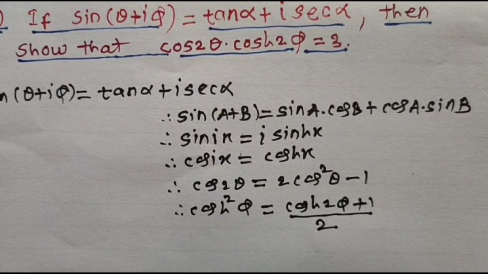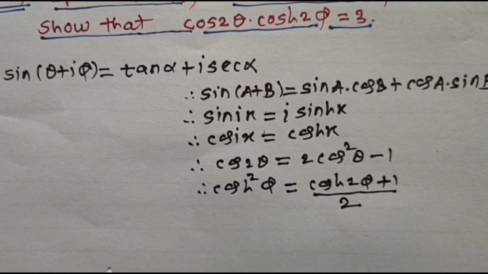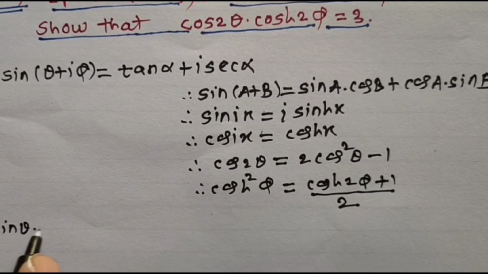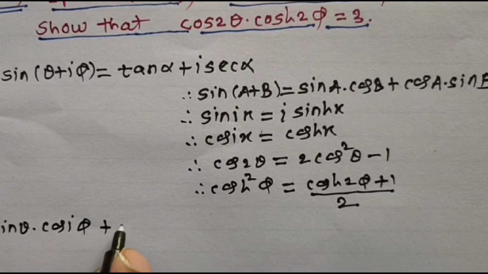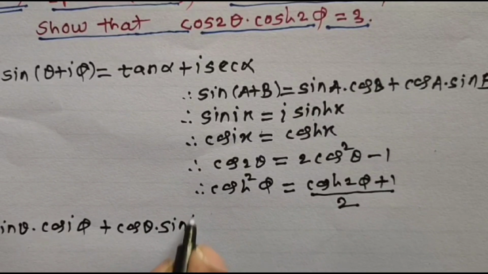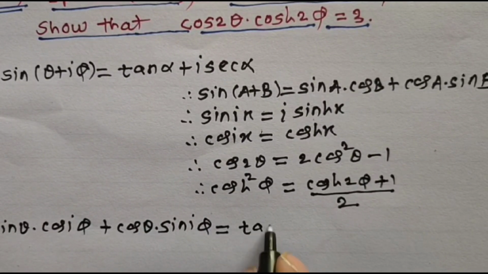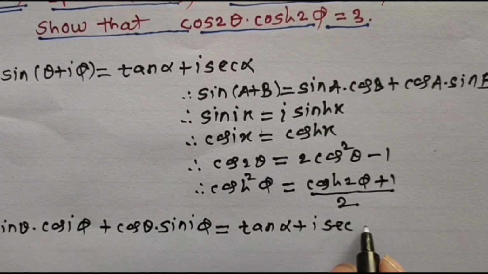So first of all, expansion of sin(θ + iφ). That can be written as sin θ cos(iφ) + cos θ sin(iφ), which is equal to tan α + i sec α.